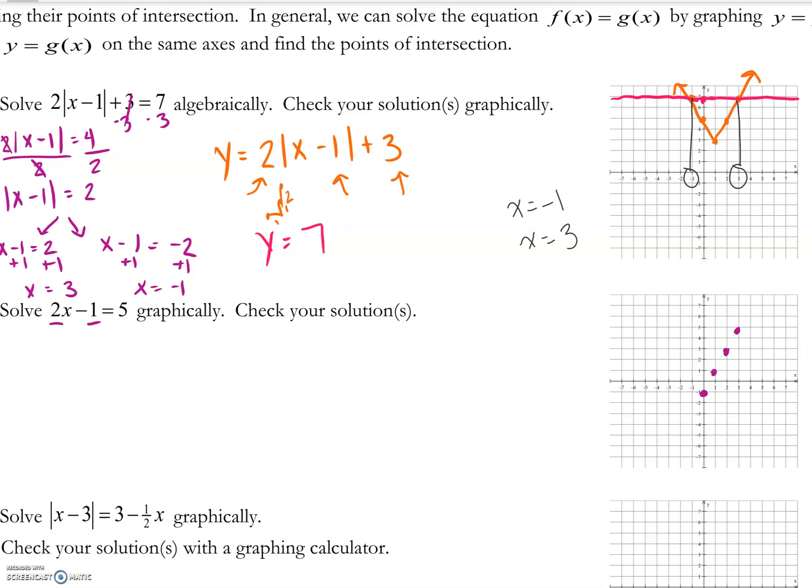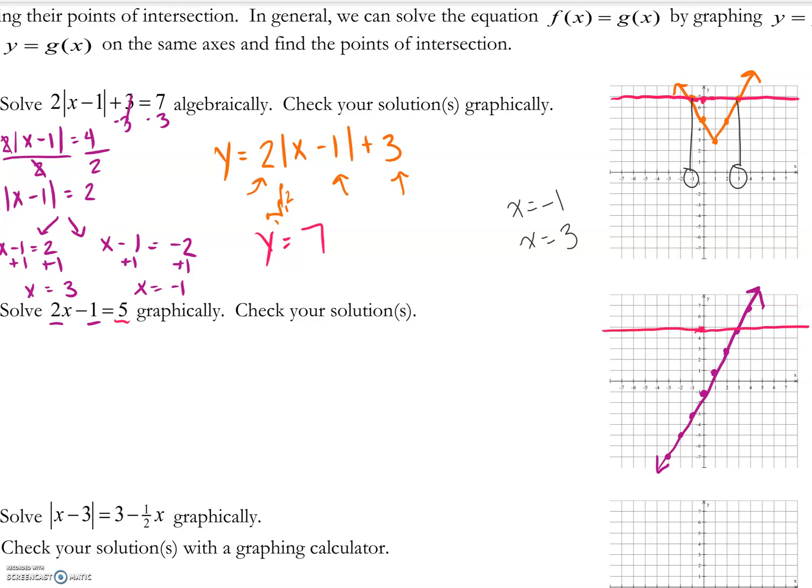It's important to start recognizing when you have an absolute value function and when you have a linear function. I know this is not an absolute value because I don't see those absolute value bars, so I should not see a V shape on my paper at all. Just a straight line. I'll now graph the other side, y equals 5, just a straight horizontal line through the value y equals 5.